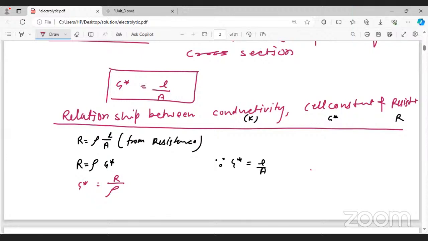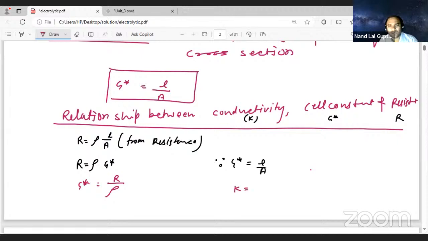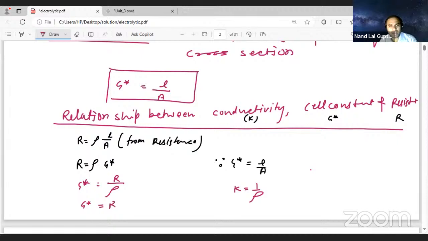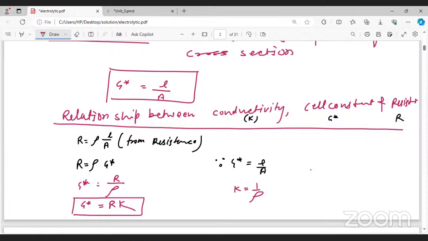Can I write K is equal to 1 by rho? Conductivity is inversely proportional to resistivity. So G star is equal to R K. Check it.